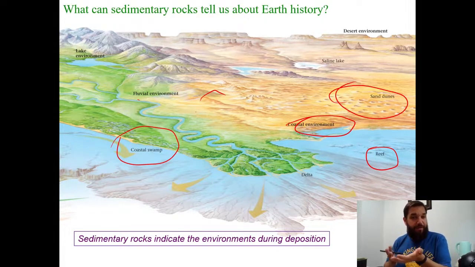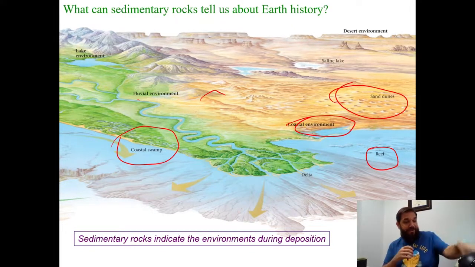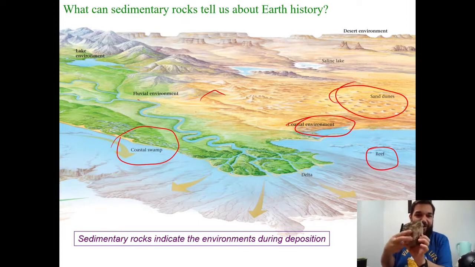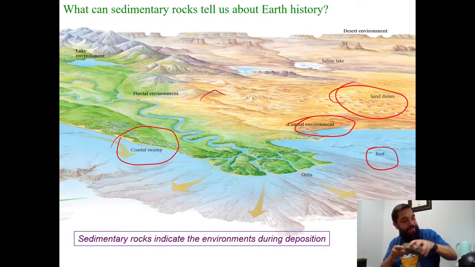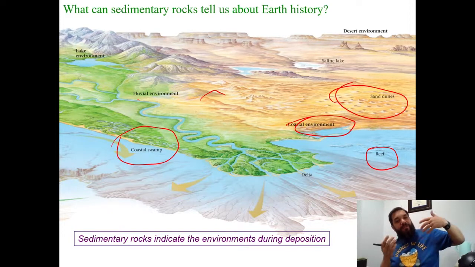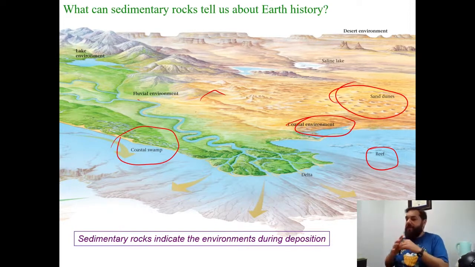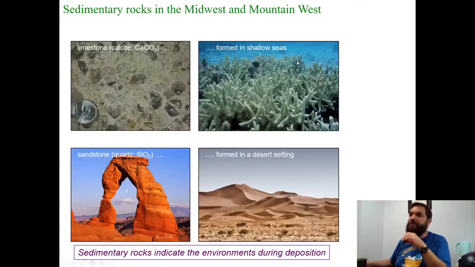It could be oyster reefs. Here in Corpus Christi, I don't know if you know this, but we have a lot of oyster reefs, right? Well, those reefs form a rock called limestone. Remember I showed you some limestone during the demo. It's this kind of gray colored rock that had all the fossil clams and brachiopods in there. Okay, so anyway, sedimentary rocks tell us about what the environment was like when the rock formed.